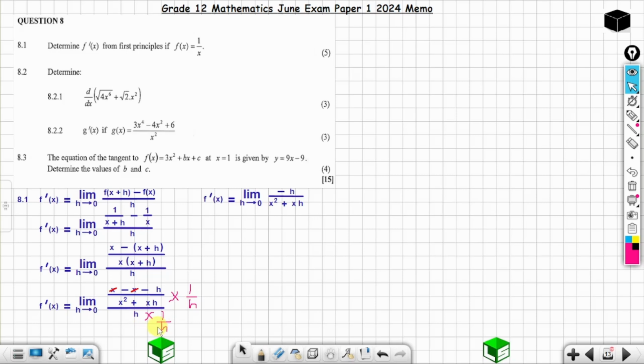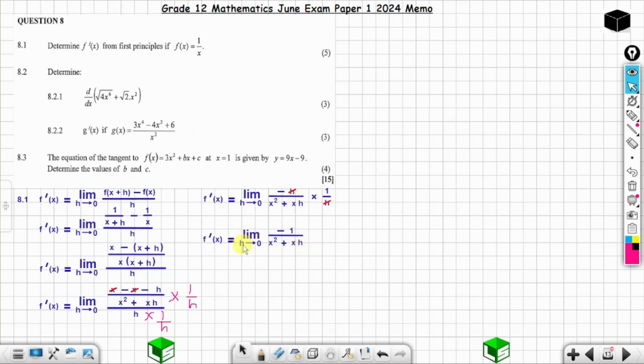Okay, this is 1 times 1 over h. So f prime of x is equal to the limit as h approaches 0. You have minus 1 times 1, which is minus 1. Okay, you cancel. Minus 1 times 1, which is minus 1, over x squared plus xh.